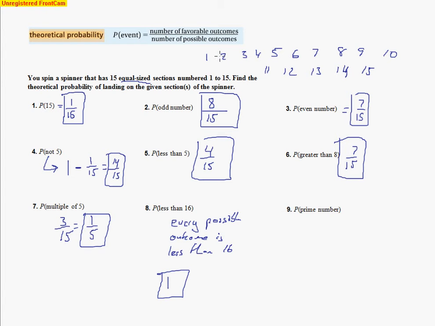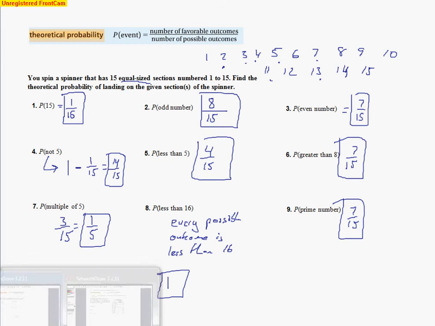The prime numbers we have are 2, 3, 5, 7, 11, and 13. Those are our prime numbers. 1 is not a prime number. So we have 6 prime numbers out of 15. Those are the different values here, and let's take a look at the next type.